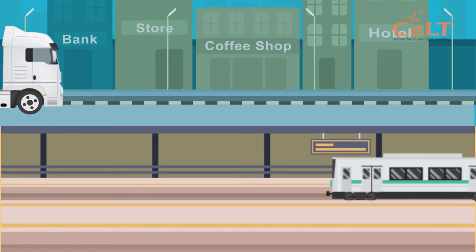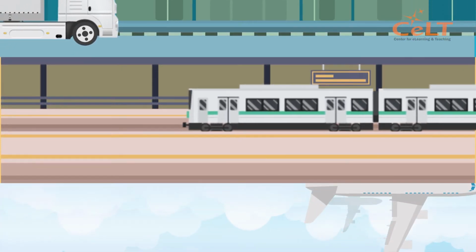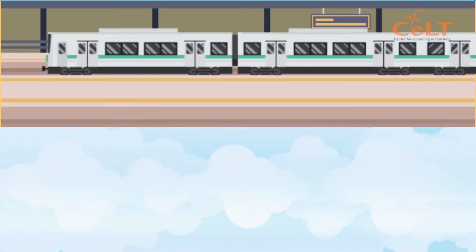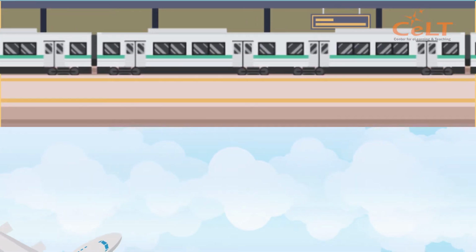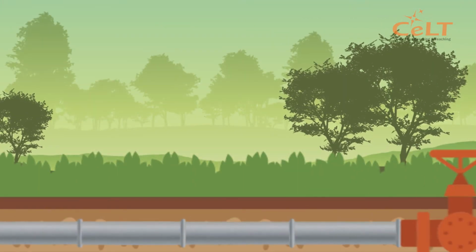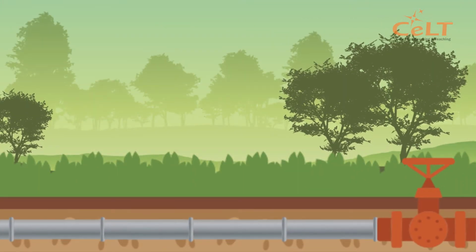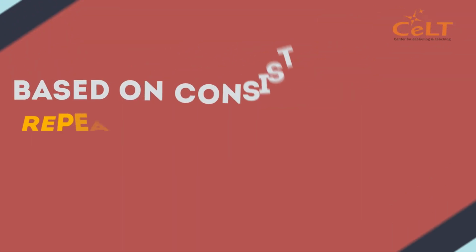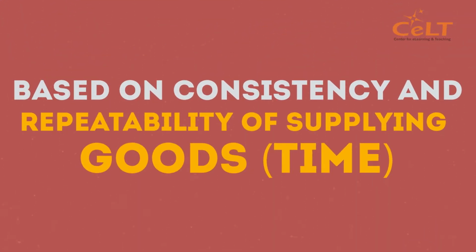Rail, road, and air transport are generally not restricted on the types of cargo that they can transport. Pipeline can only transport certain commodities such as gas, liquid, and water, based on consistency and repeatability of supply of goods.